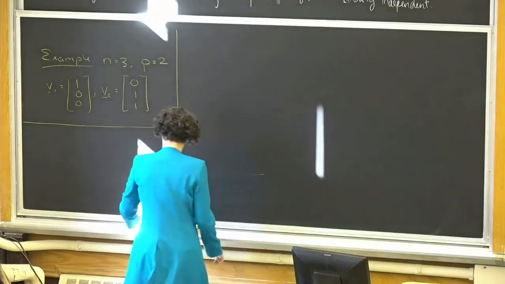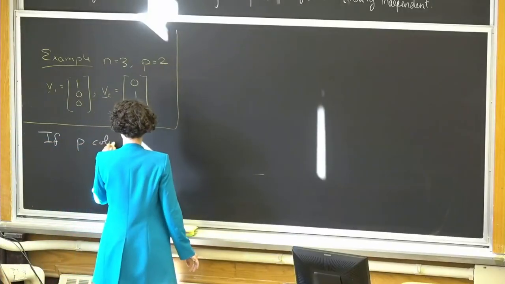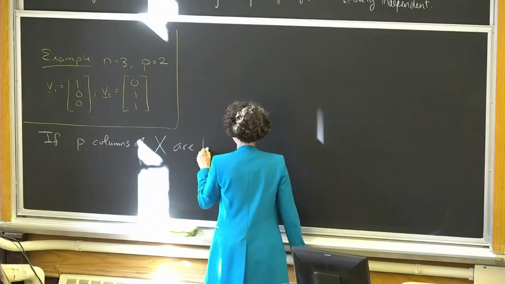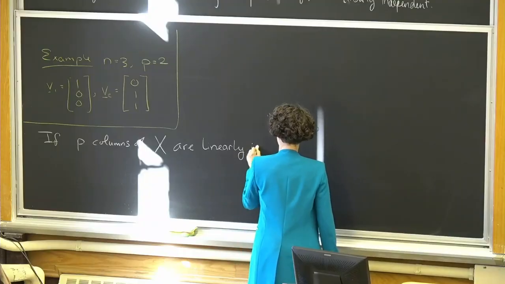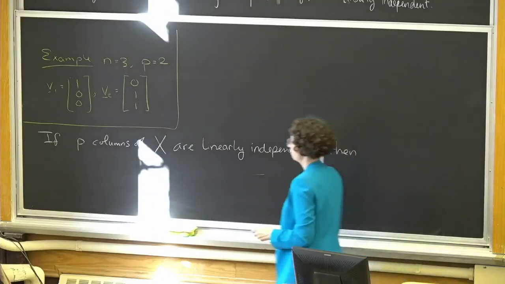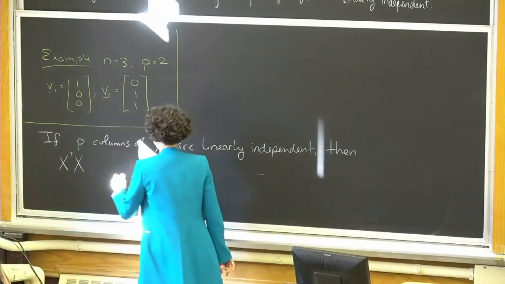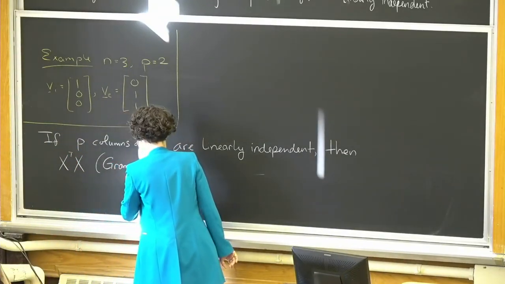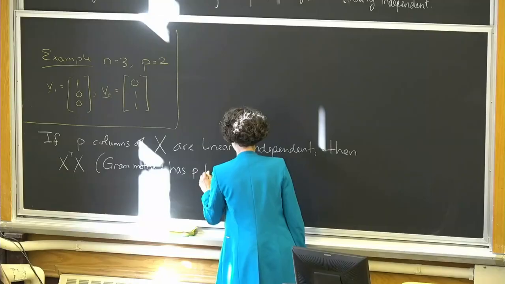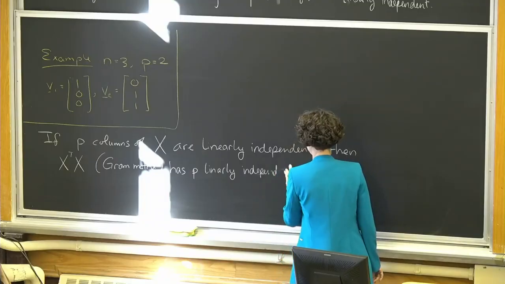Specifically, if the p columns of our feature matrix X are linearly independent, then, first of all, if we compute X transpose X, which is called a Gram matrix, it also has p linearly independent columns.